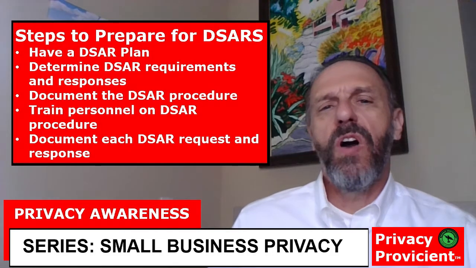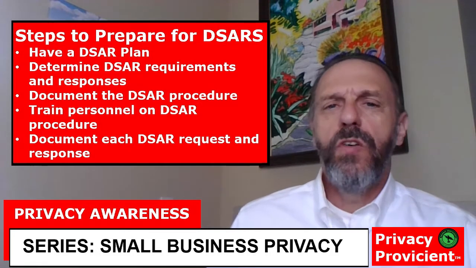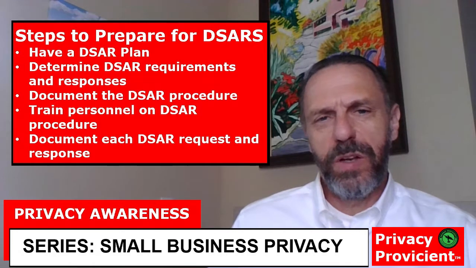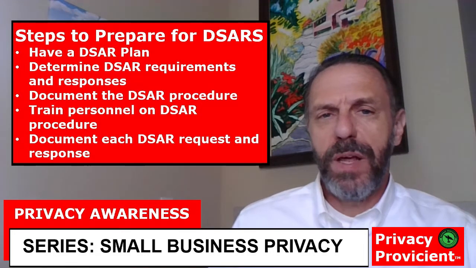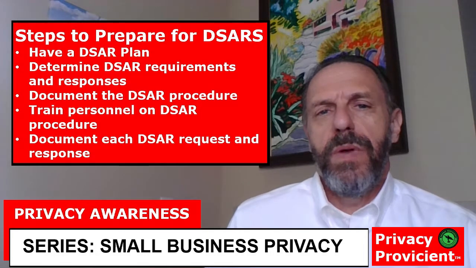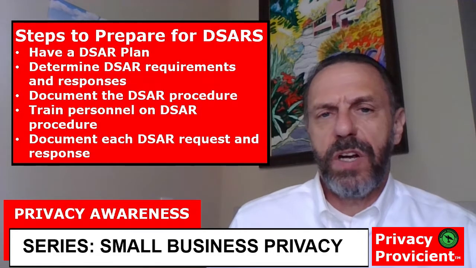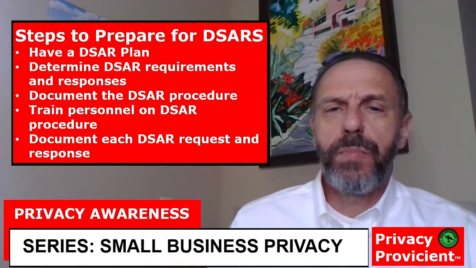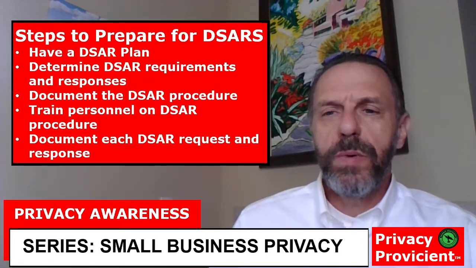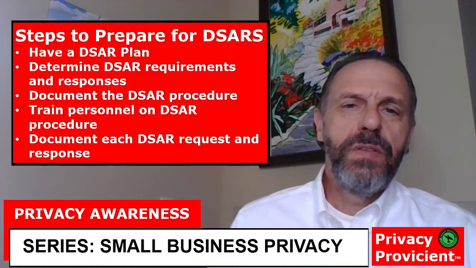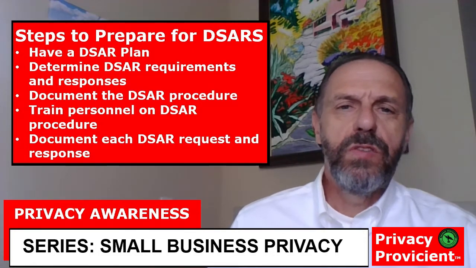In summary, here are the steps to prepare for data subject access requests. First, have a plan. Write down a plan, usually written at the aegis of the data protection officer or other data privacy champion for your company. 2, determine the regulatory requirements that are appropriate in your circumstances.